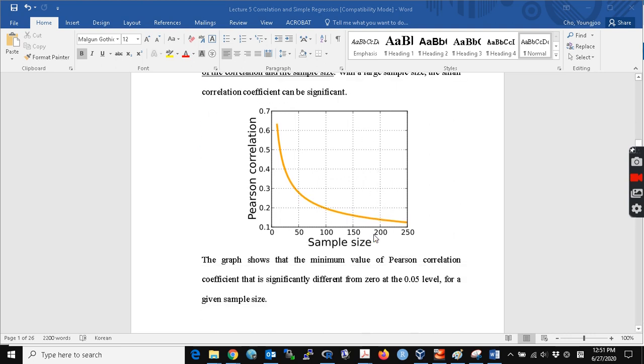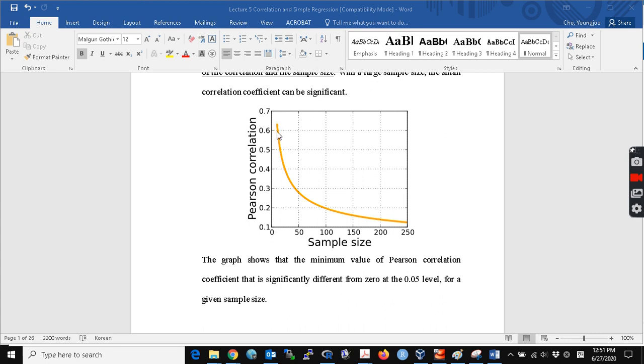So this graph shows the minimum value of the sample size and Pearson correlation to be significantly different from 0 at the 0.05 level. You can see that for a smaller sample size, you need a very large correlation, like 0.6, for the population correlation to be significantly different from 0.